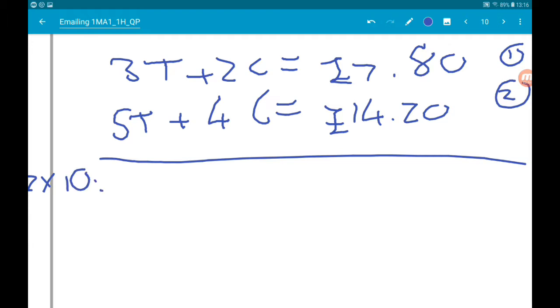Now that's going to give us 6t add 4c is equal to, well, 2 times 7 is 14, 2 times 8p is £1.60, so it's 1560.